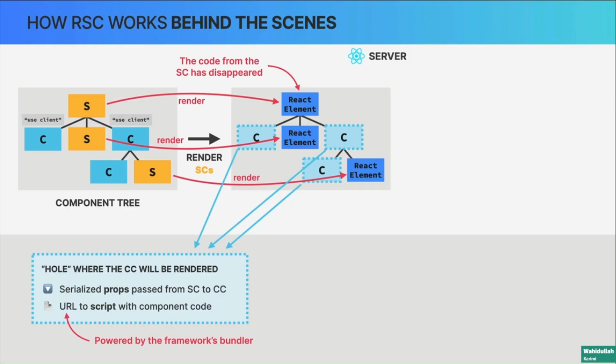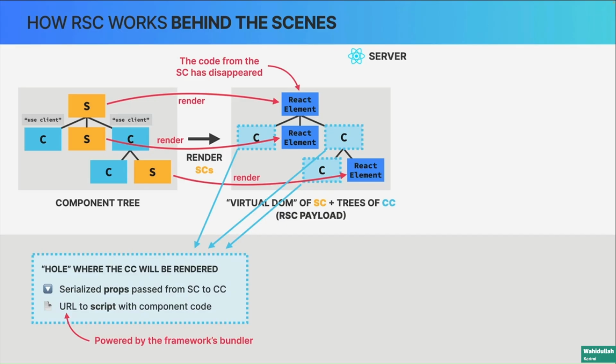Okay, so at the end of this first step, we have this weird tree that is a mix of executed and unexecuted component instances, which we call the RSC payload. So this payload is essentially the virtual DOM of all server components, since these have already been rendered, plus some subtrees of unrendered client components.